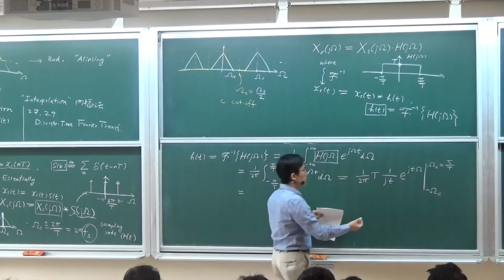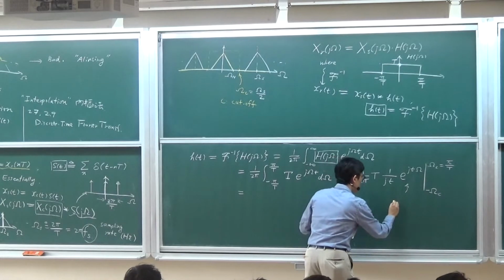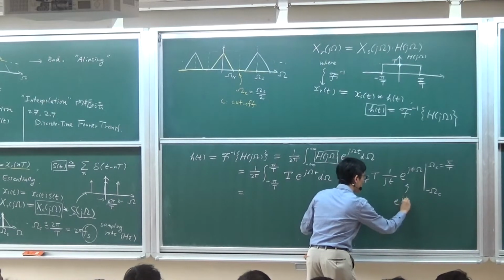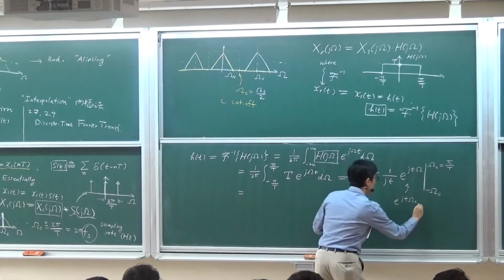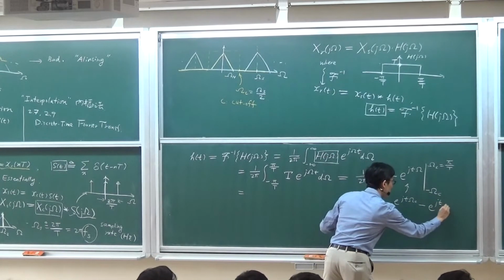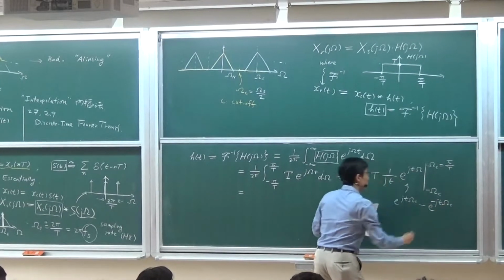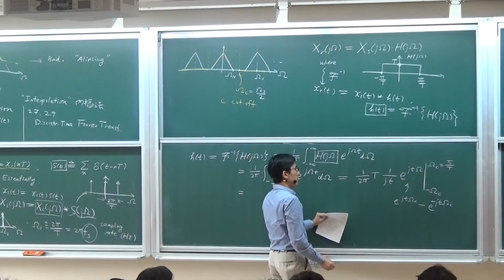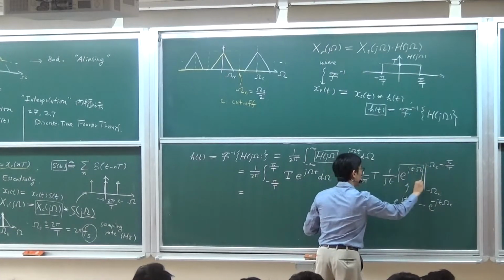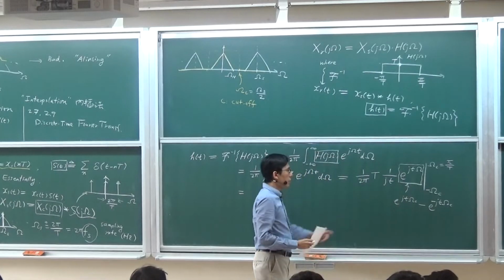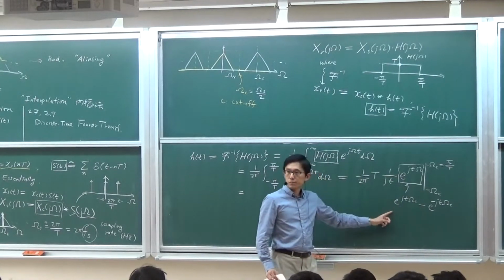Okay, so essentially we need to calculate e to the j t times the cutoff frequency, minus e to the j t times minus the cutoff frequency. The difference turns out to be what?